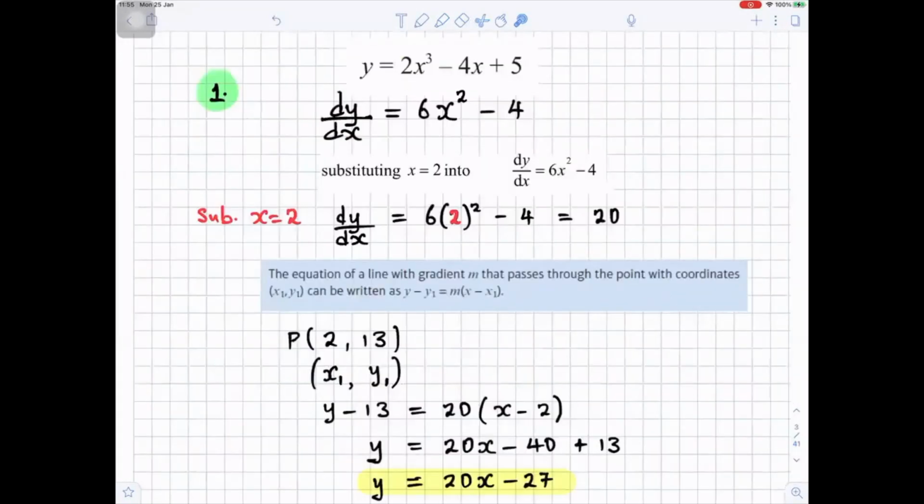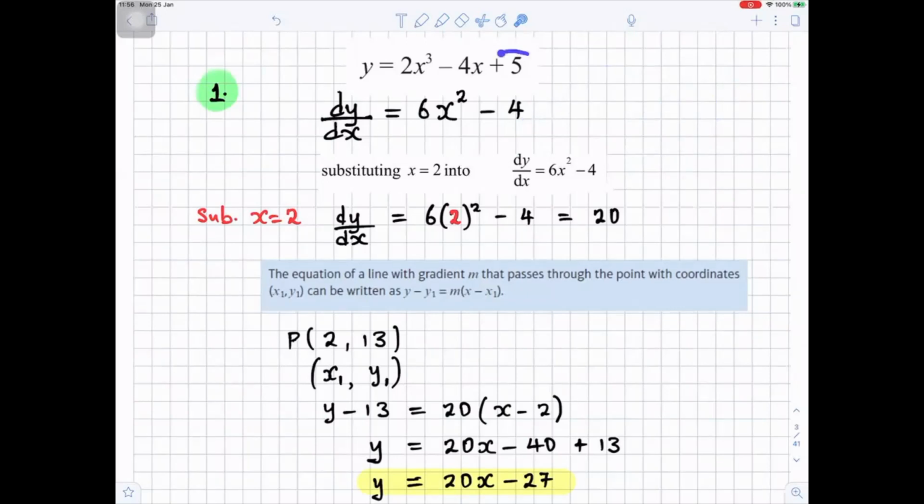So what you want to do is differentiate 2x cubed. It's multiplied by 3, so it's 3 times 2 and x to the power 3 minus 1, which gives you 6x squared. When you differentiate minus 4x, it would be 1 times minus 4x to the power 1 minus 1, which is minus 4x to the power 0, which is minus 4.